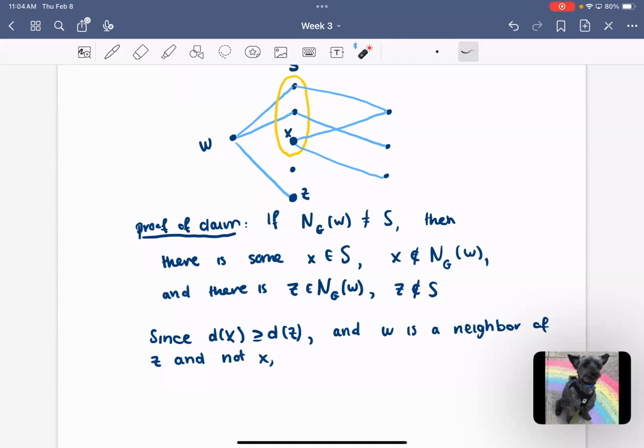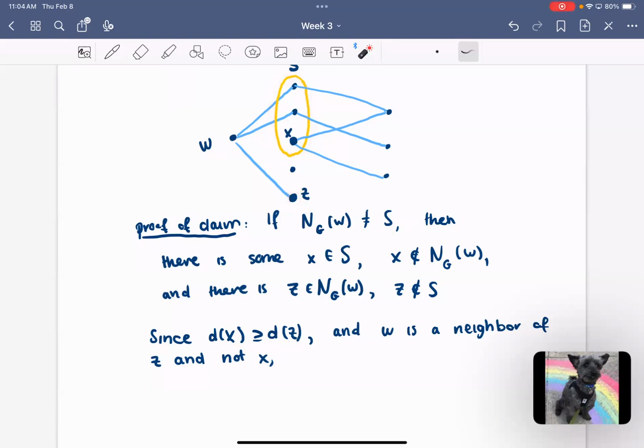And we know that the degree of X is greater than or equal to the degree of Z, because X comes from this set X of vertices with the next highest degrees, right? So that means that Z has lower degree.